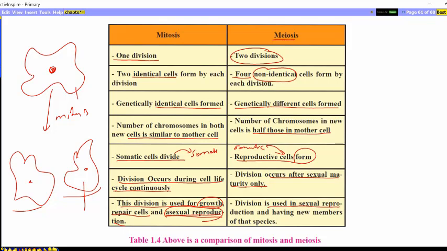Meiosis division is used in sexual reproduction and in having new members of that species, because it produces gametes, and gametes form a new organism by fertilization. Meiosis is needed for sexual reproduction.